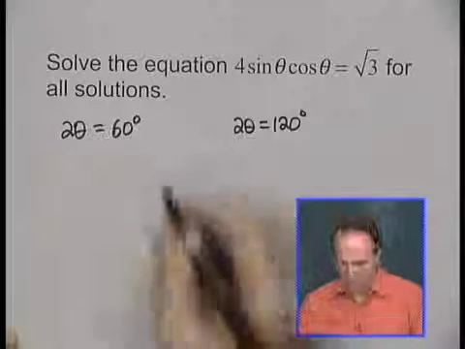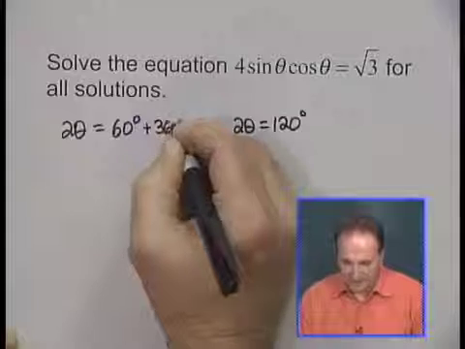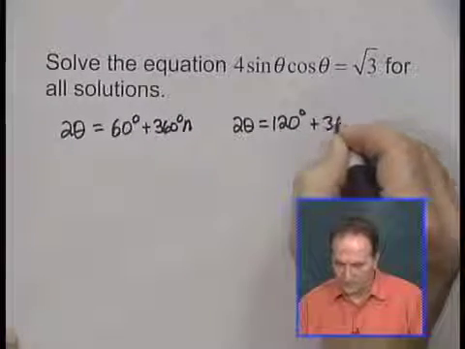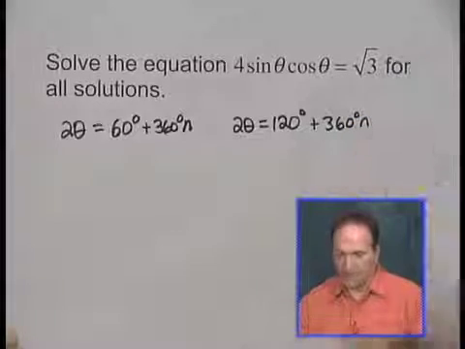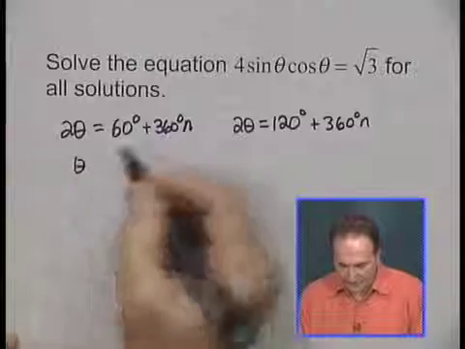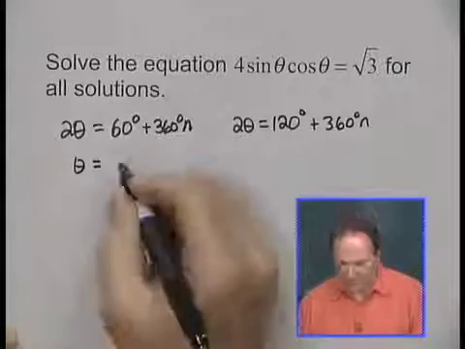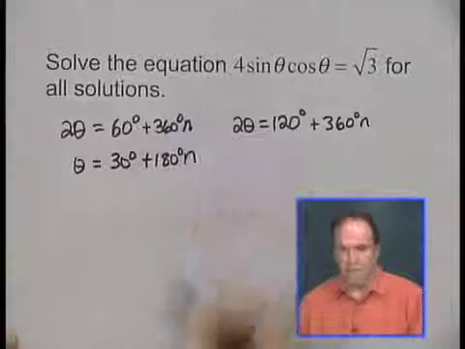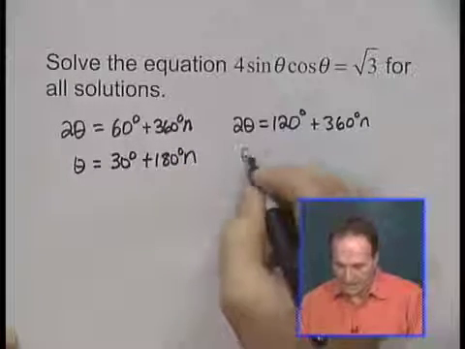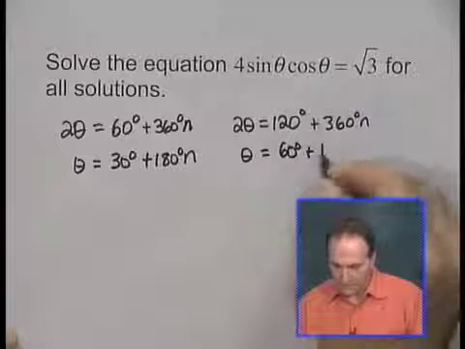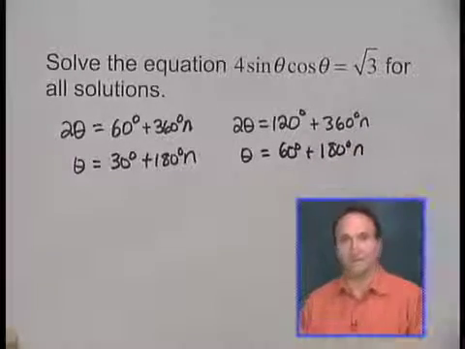So therefore, we add 360 degrees times n. But of course, we want just theta, so dividing through by 2, we get theta equals 30 degrees plus 180 degrees n. And here we get theta equals 60 degrees plus 180 degrees n.